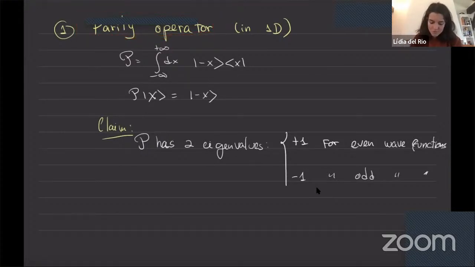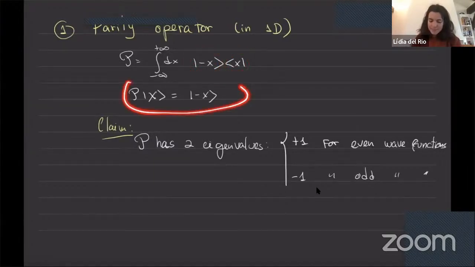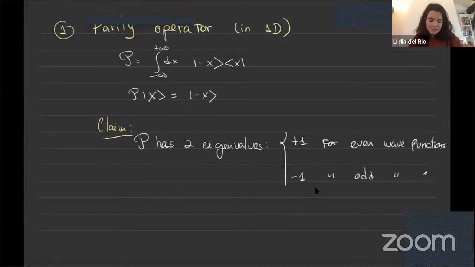What it does, in operator form, is it takes x and maps it to minus x for all x's. We'll see that in practice it checks if a wave function is symmetric around 0, or antisymmetric, or something else. I'll tell you what this exactly means in a bit.